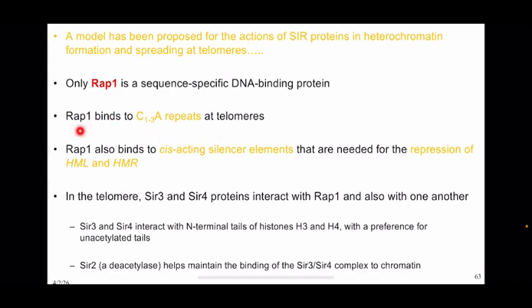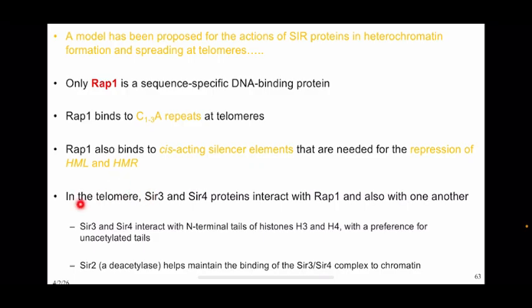RAP1 will bind to this C13A repeat, and it also binds to cis-acting silencer elements that are needed for the repression of HML and HMR. So RAP1 is involved in heterochromatin formation at telomeres and also silencing of mating type loci.